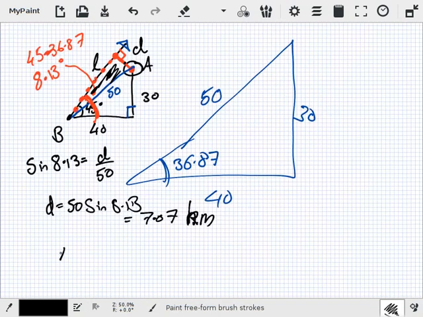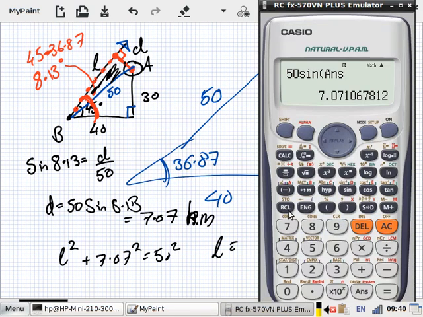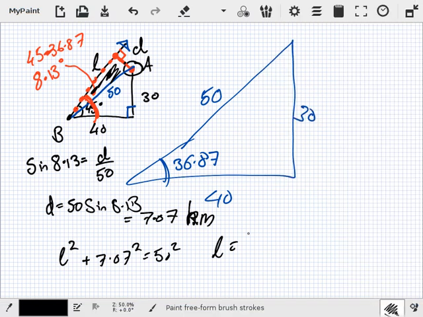So I can say L squared plus 7.07 squared equals 50 squared. So L equals 49.50. There we go. That's better.